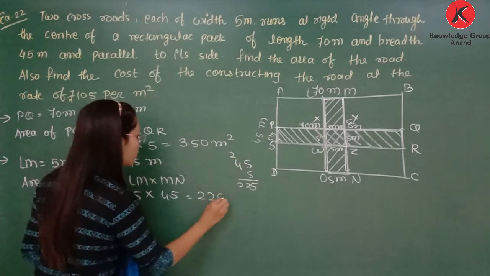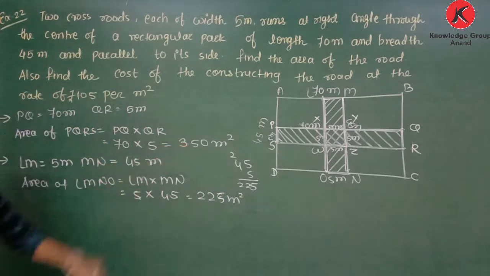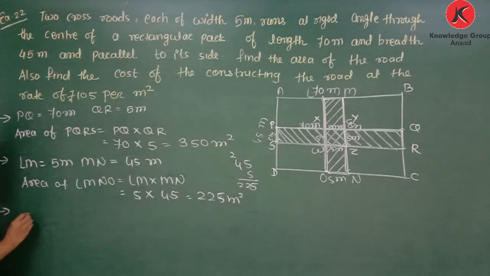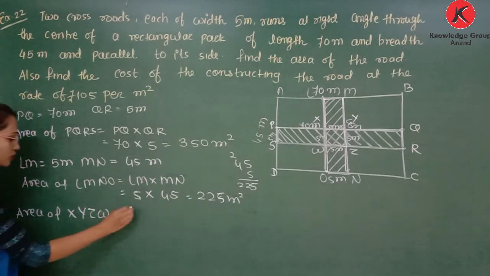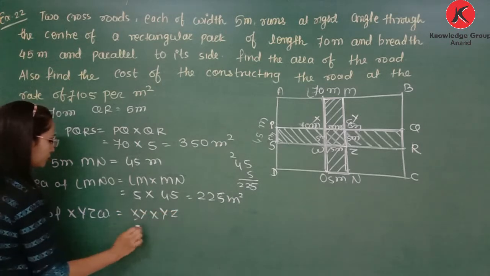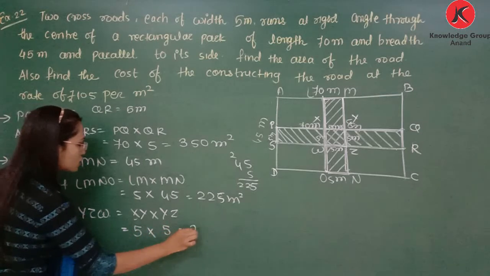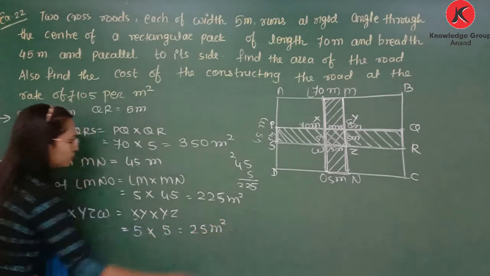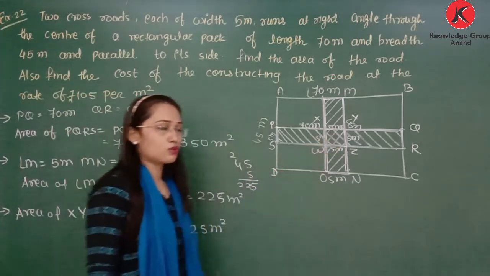So 225 meter square. Now the area of the central square, that is calculated 2 times. So we need to subtract it 1 time. So area of XYZW, that is XY multiplied by YZ. So what is XY? It is 5 multiplied by 5. That is 25 meter square. So the area of the central square is 25 meter square.